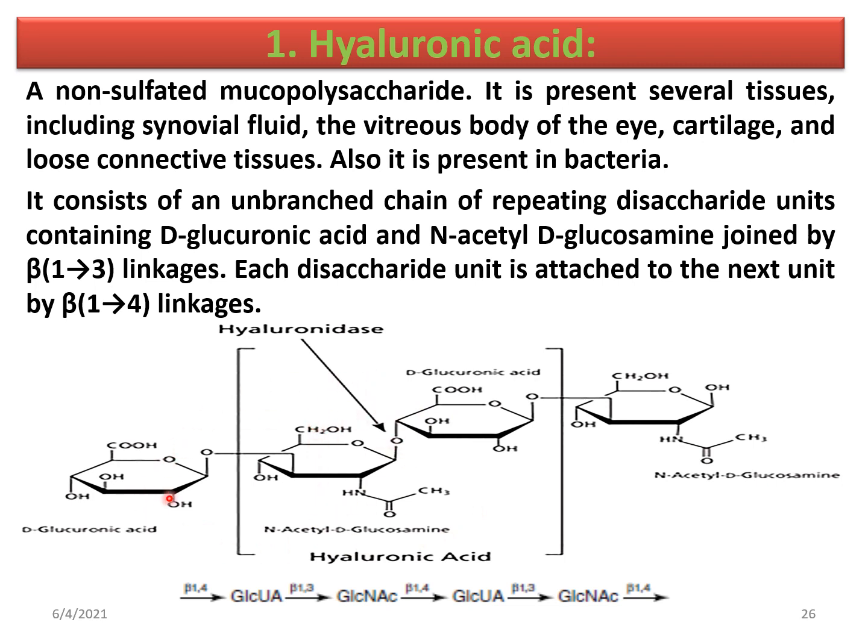These two compounds are joined by a beta 1,3 glycosidic bond, and each disaccharide unit is attached to the next disaccharide via a beta 1,4 glycosidic linkage. This is another figure showing the structure of hyaluronic acid.